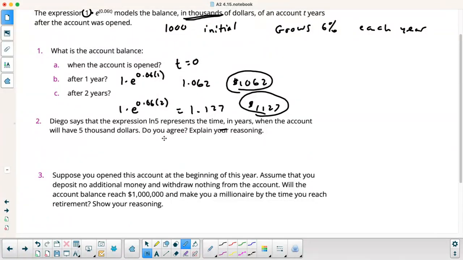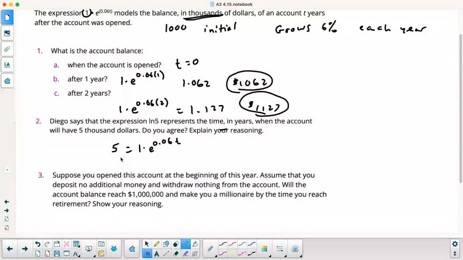Diego says that the expression ln of 5 represents the time in years when the account will have $5,000. Do you agree? Explain your reasoning. Well, let's take the equation and set it equal to 5. 5 equals 1 times e to the 0.06t.